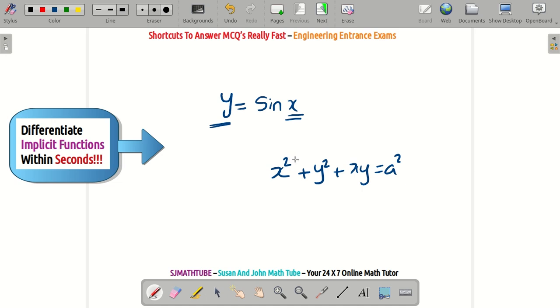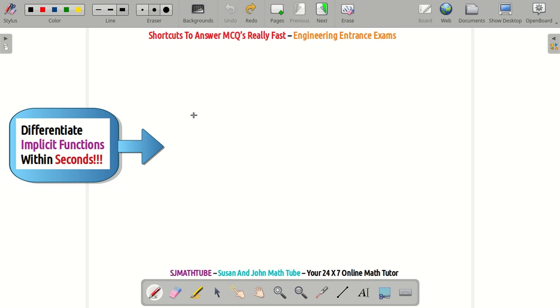And in your class 11 or 12, you might have learned a very lengthy procedure to differentiate such functions. So we are going to bypass all those steps. So let's learn how to differentiate functions partially. So consider the function f is equal to x square plus y square.